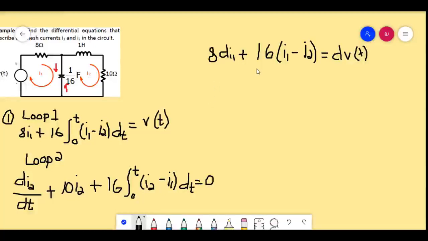The only thing that you should not forget, which I forgot actually, is the independent variable. So this one should have d of t here, and then this one should also have a d of t.